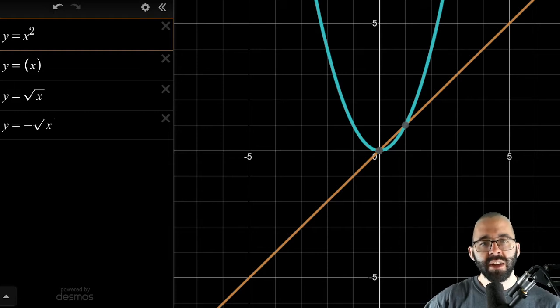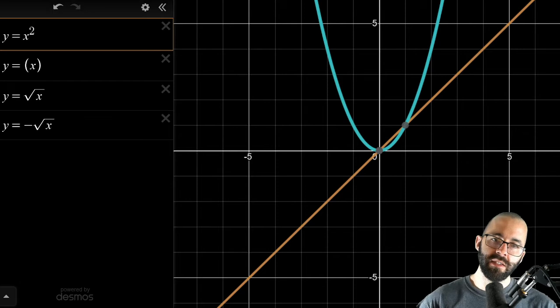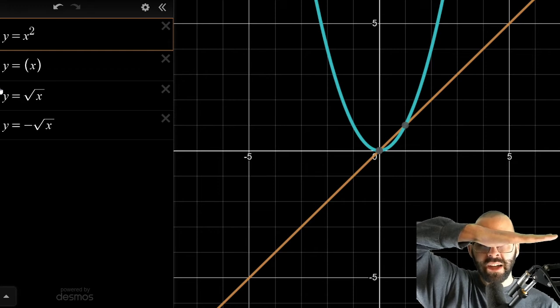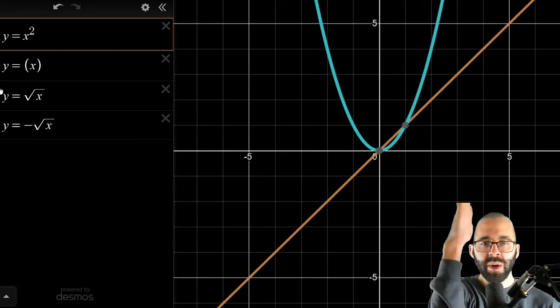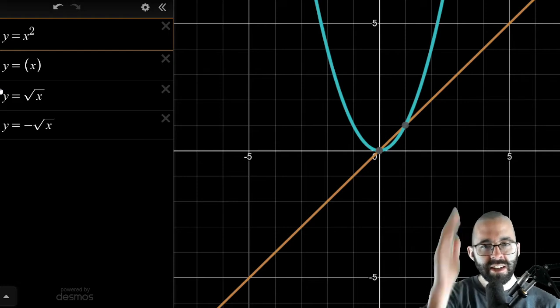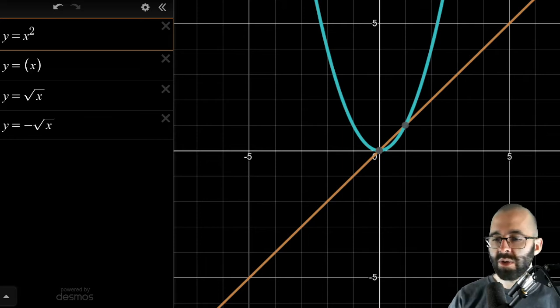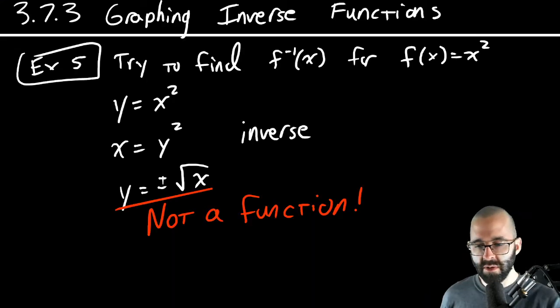Because essentially, for a lot of these inverse functions, we're just reflecting them sideways. So if something fails a horizontal line test and you reflect it sideways, it's going to fail the vertical line test. Okay? So let's introduce that more specifically.